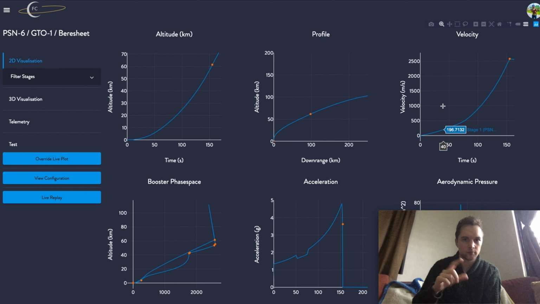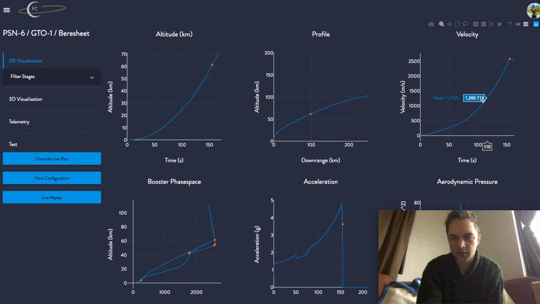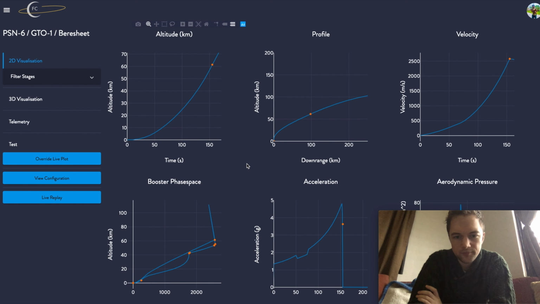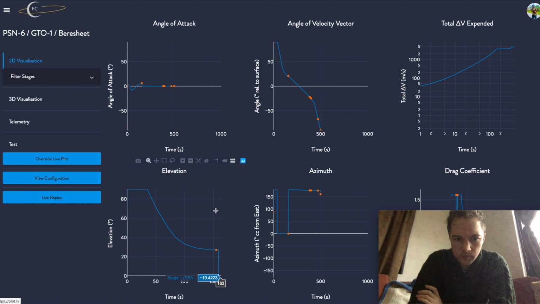Square them, sum them, root them to get the magnitude. That would give me that. So I could also do a loss function on that. Would it give me anything extra? Not really. It might tell me if my throttle profile is bad, which I could feed back into that. Okay. I think that's a good start. That would get me as far as MECO.